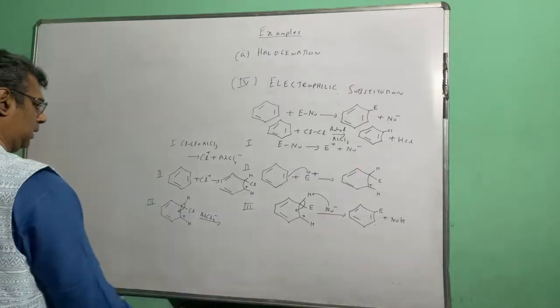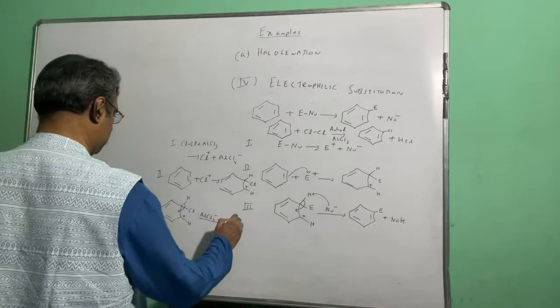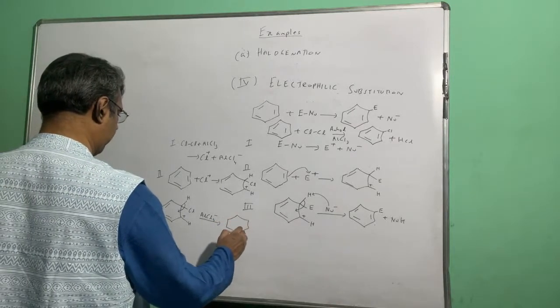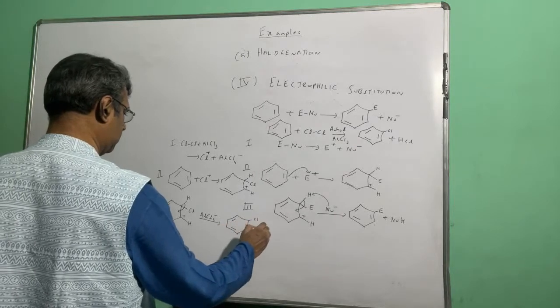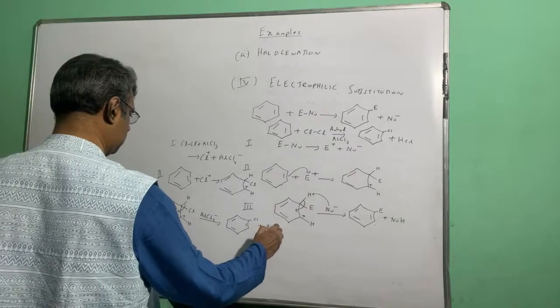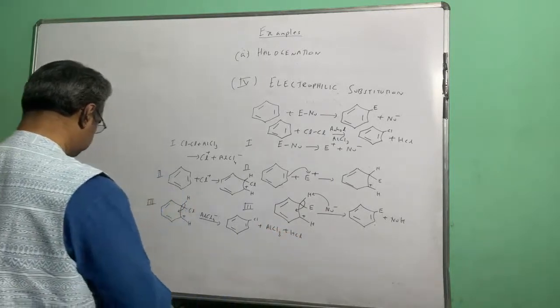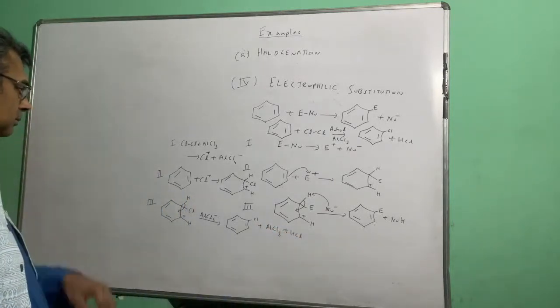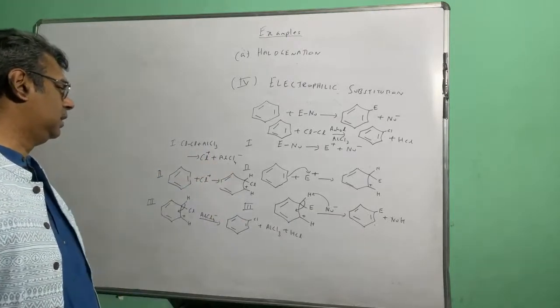So this carbocation is attacked by AlCl4 minus. So Cl2 plus AlCl3 gives Cl plus AlCl4 minus.